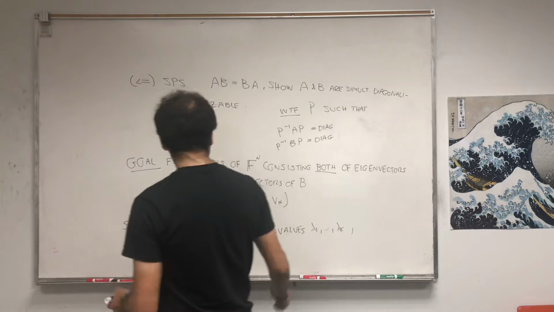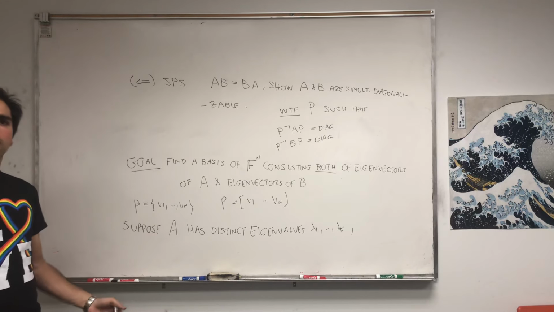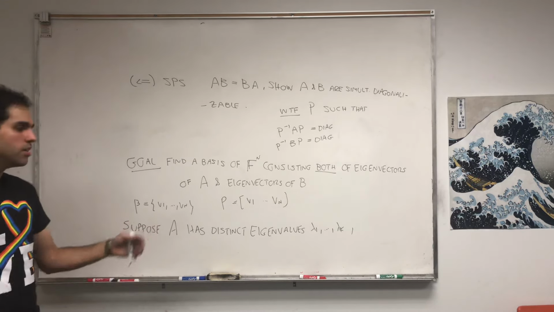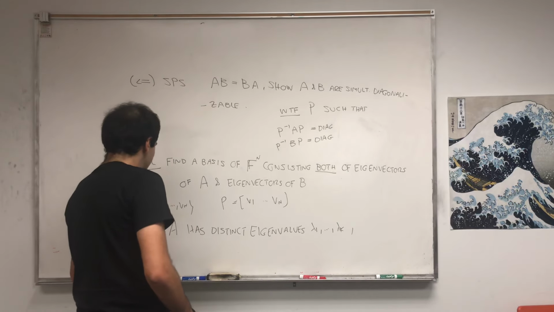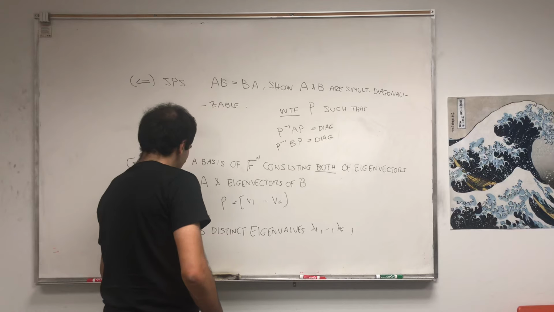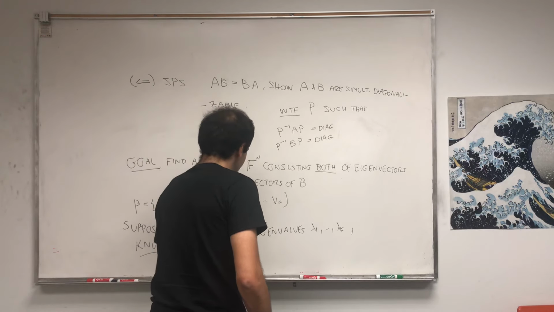And one thing we know, if A is diagonalizable, then our vector space is just a direct sum of the eigenspaces. So what we know is that Fn is the direct sum of the eigenspaces.